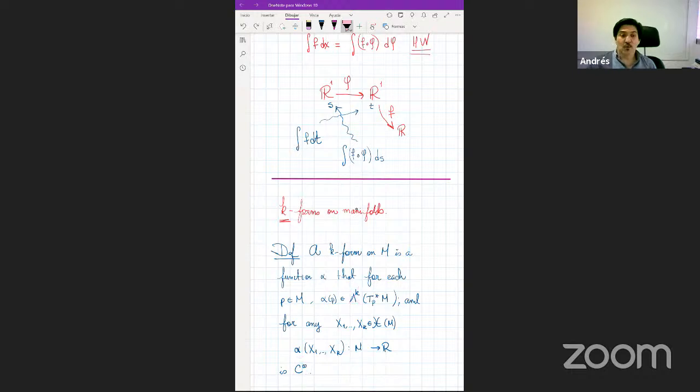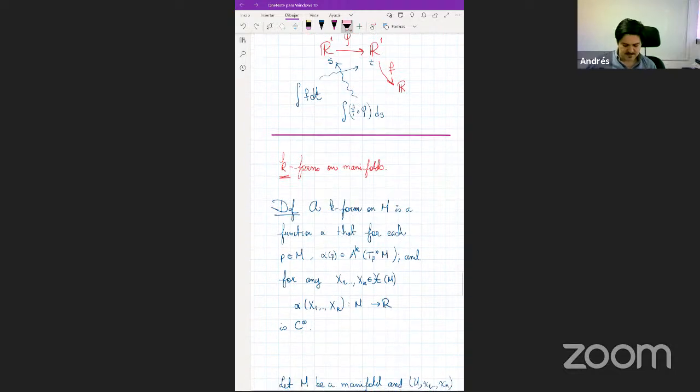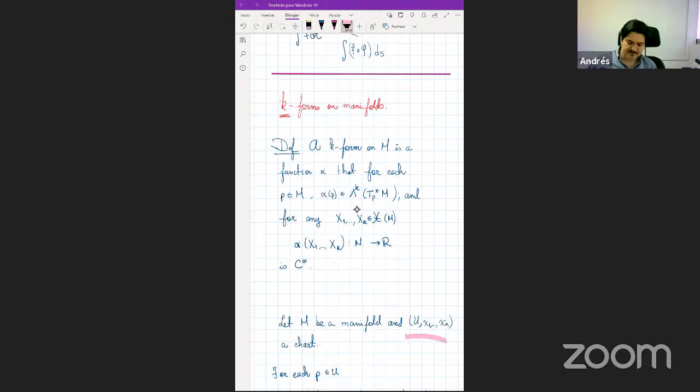And again, we will use very much our dx1, dx2, and so on when we look at the K-form on U. So how can I look at a K-form on U? I have a chart, coordinates x1 up to xn.